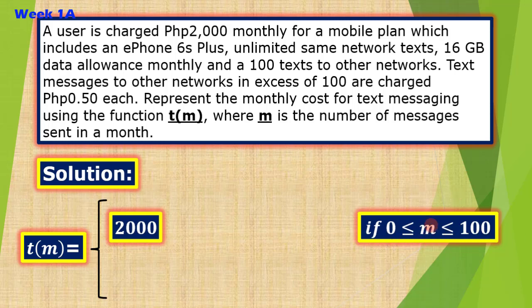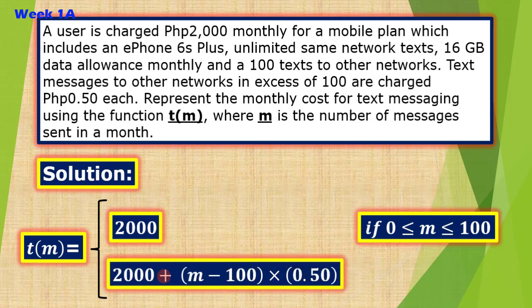Meaning M here is between 0 and 100 inclusively. That means you can have your M as 0 or M equals 100 or less than that or in between 0 and 100.